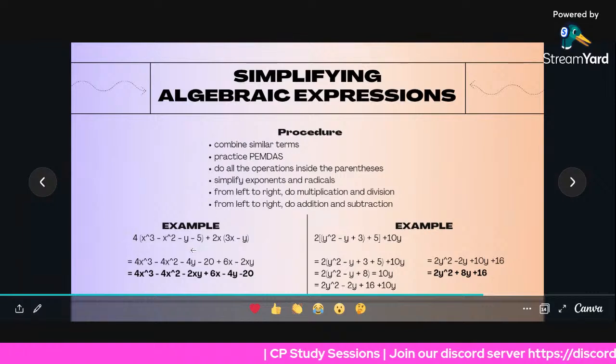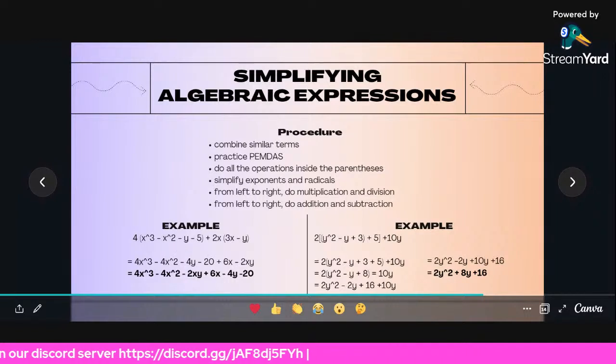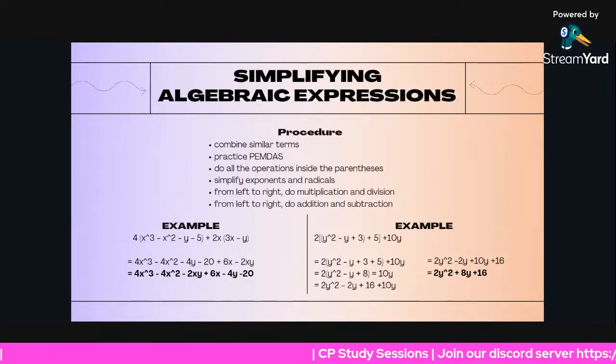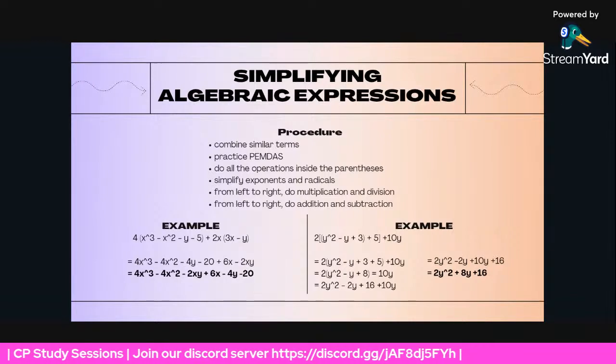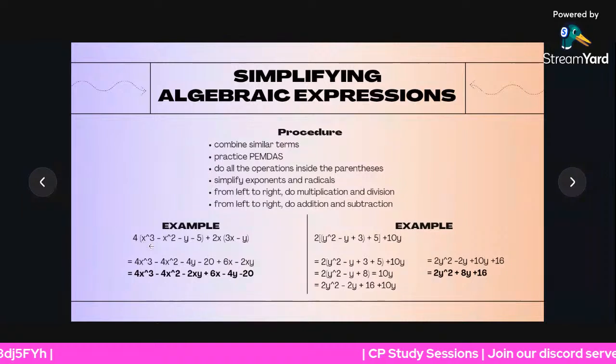Kailangan natin munang i-distribute yung 4 sa bawat term sa loob ng parenthesis. So, baka malito kayo, bakit hindi natin inuuna yung operation sa loob ng parenthesis? Ang nauuna sa PEMDAS ay P instead of M, di ba? Kaya natin inuunang mag-distribute is wala naman kasi tayo ditong similar terms na pwedeng i-combine.